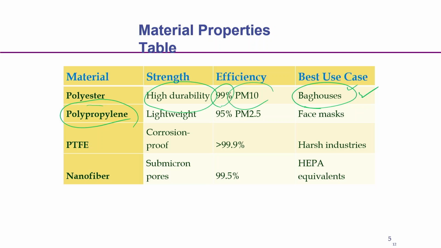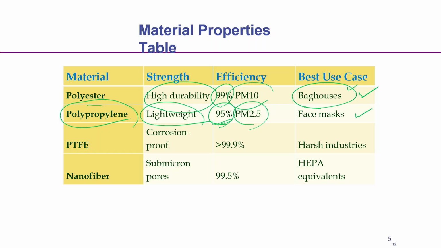Polypropylene, due to its lower density, is lighter weight, and for PM 2.5 we can use it with 95% efficiency. By combination we can also enhance this efficiency using different types of layers like spunbonded, meltblown, spunbonded; such multiple layers enhance the filtration efficiency.